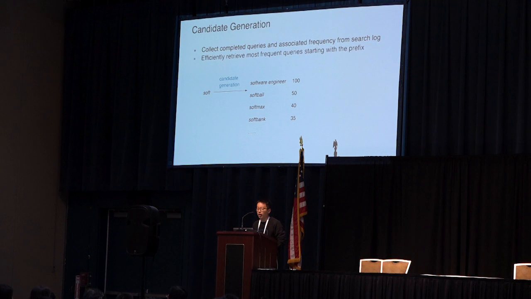Now for any prefix, you need to efficiently retrieve the most frequent queries. So what you can do is implement a trie data structure. With this trie data structure, the most frequent candidate can be retrieved within 1 millisecond.